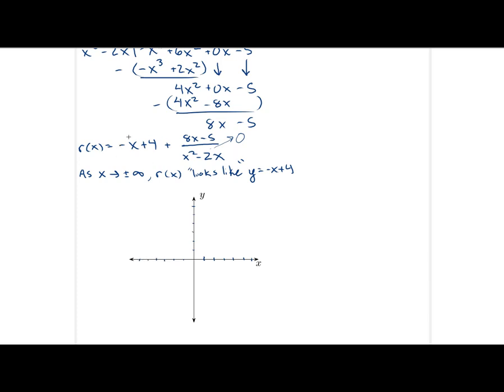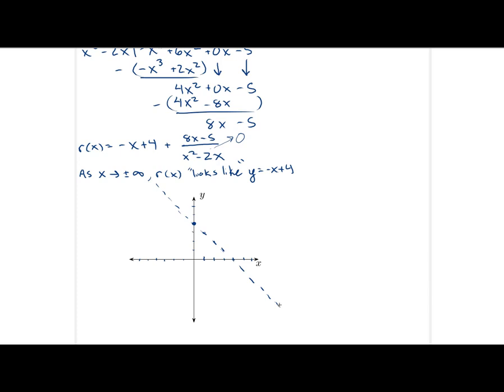Now we can graph this, right? y equals negative x plus 4 means that I have a y-intercept of 4 and a slope of negative 1. So down 1 over 1, down 1 over 1. We quickly get a nice picture of what this thing looks like. So this is an asymptote now, just like our horizontal asymptotes before. It's just that when the degree of the top is larger, we need to do polynomial long division.